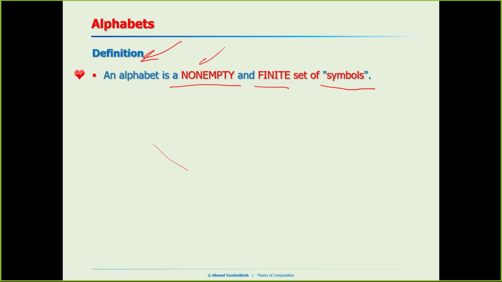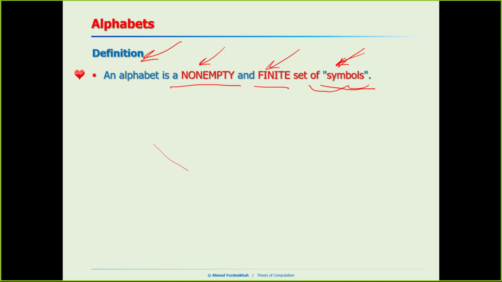We know non-empty, we know finite and infinite. And what are symbols? We don't have any term simpler than symbols to define that. So we can assume that everybody understands this. In other words, the symbol here is considered primitive data, so we don't need to define it.